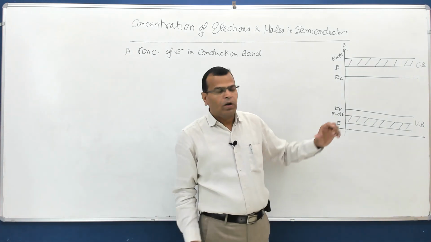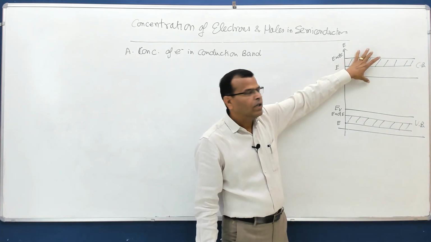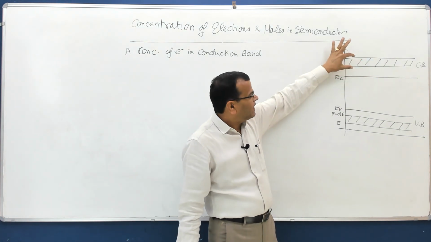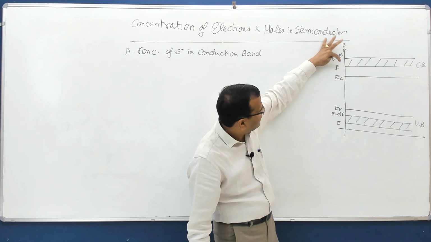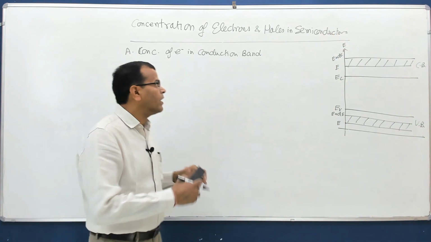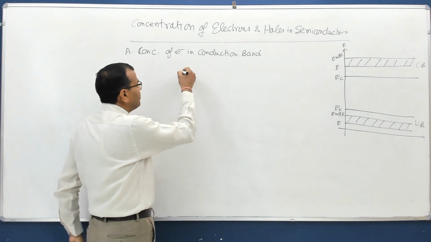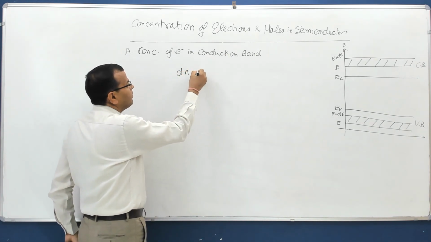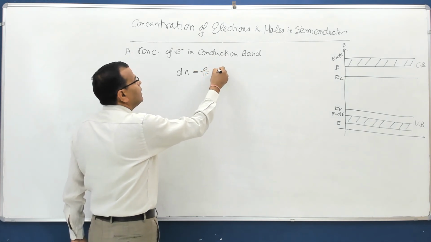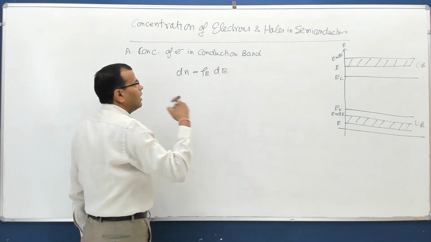Now, I will take the conduction band, that is the energy level above EC. I will take this band of energy, that is E to E plus delta E. The concentration of electrons in this conduction band is nothing but dN equal to rho E dE.